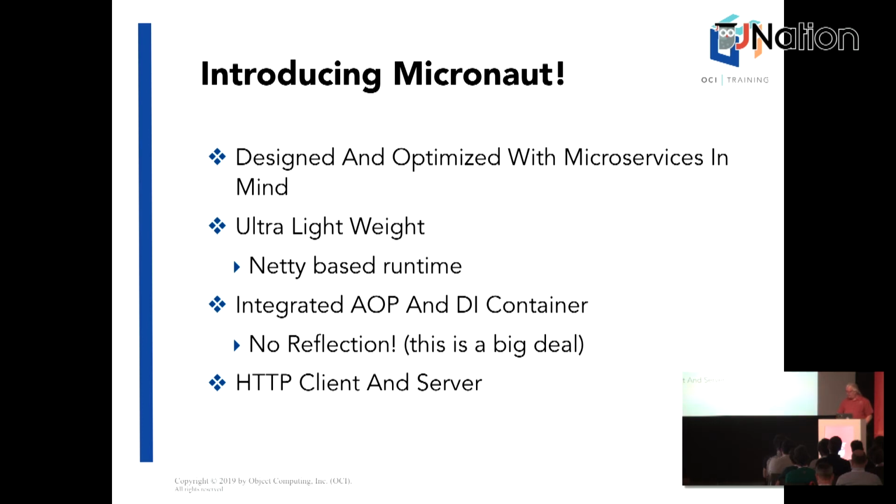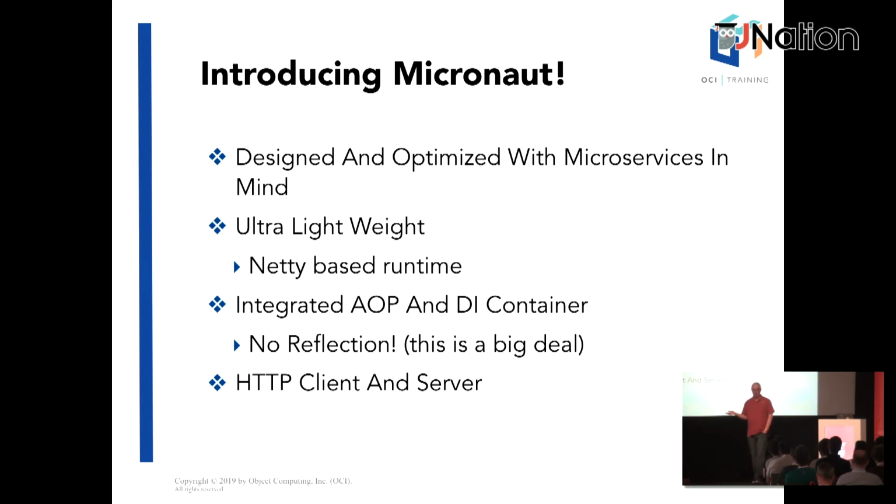Micronaut is not really just one thing. Micronaut is really a portfolio of things that help you build microservice applications. Among those we've got an integrated aspect-oriented programming engine. We've got a really robust and really interesting dependency injection container. A few interesting aspects of our DI container include that it is fully compliant with JSR 330, which is the dependency injection specification.